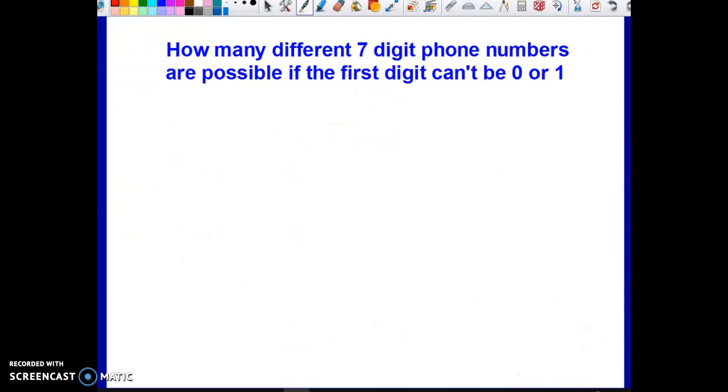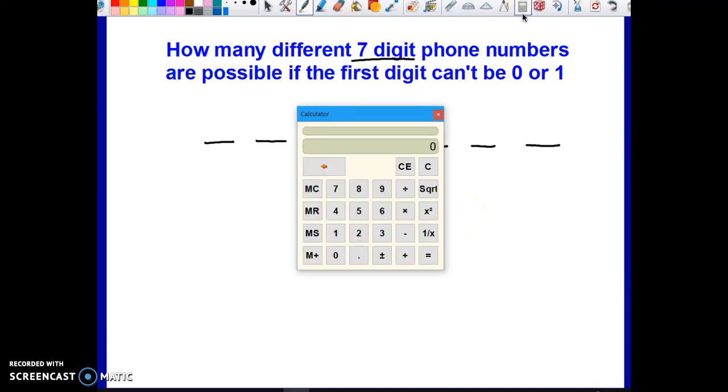How many possible 7-digit phone numbers are possible if the first digit can't be 0 or 1? So we want 7 digits. Now, if you look at a phone pad, or even just a calculator, it looks kind of like a phone pad. What are the different numbers I could choose for a phone number? 0, 1, 2, 3, 4, 5, 6, 7, 8, 9.